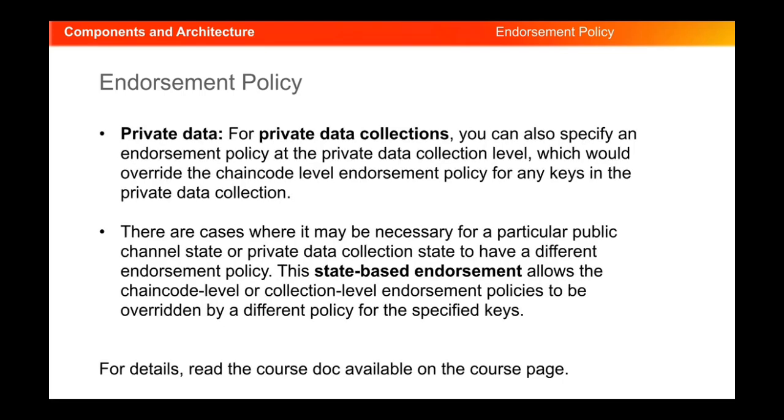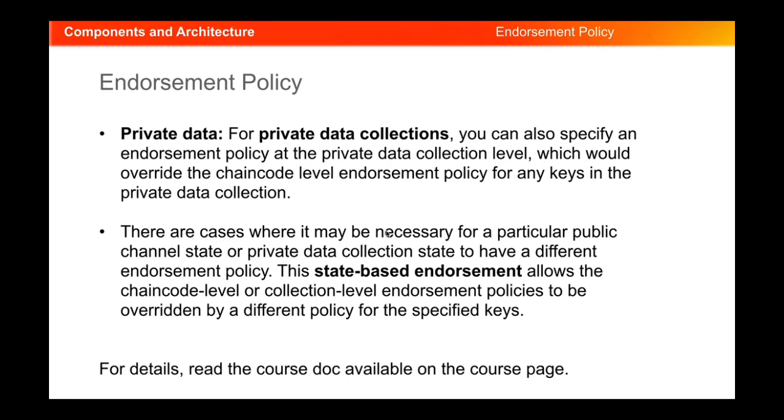There is also a concept of private data. For a private data collection, you can specify an endorsement policy at the private collection level. So you can specify the endorsement policy at different levels, as we have seen before. This will override the chaincode level endorsement policy for any keys in the private data collection.